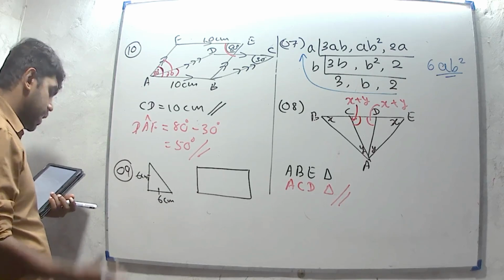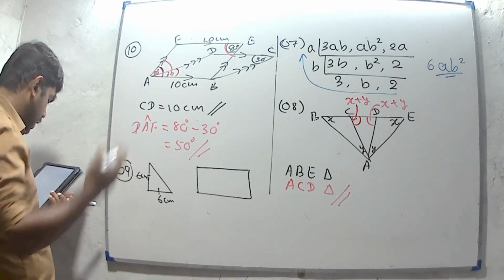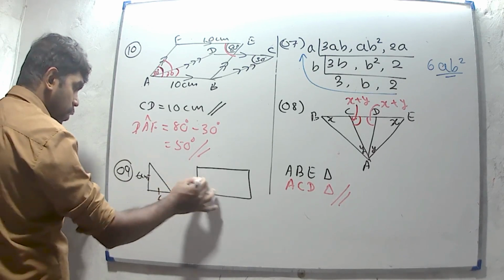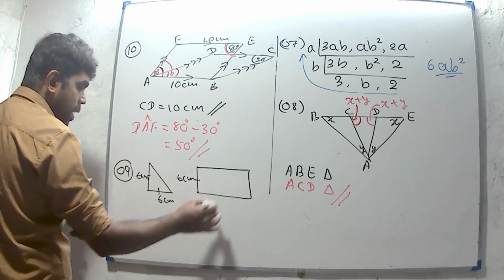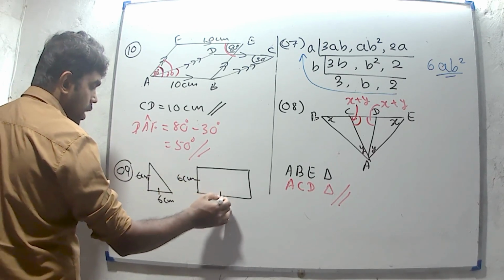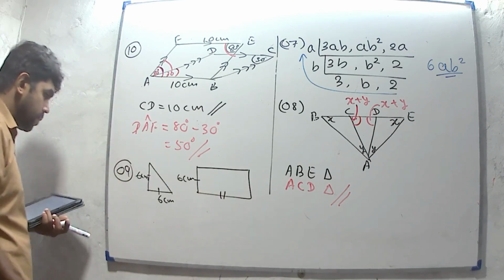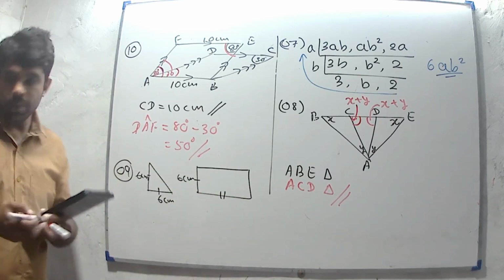I will draw the rectangle in the base. Then we know that this side is 6 centimeters, but they have not given the length of the prism. We have to draw only the diagram.